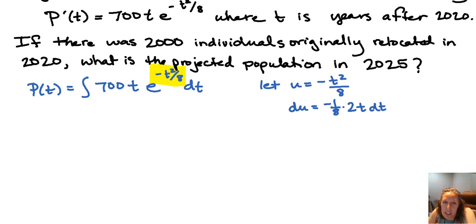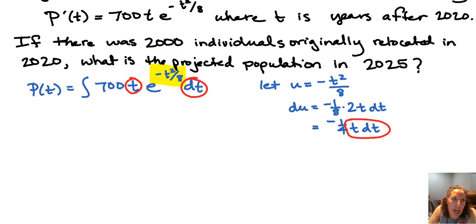And so if we clean that up, that's going to be a negative 1/4 t dt. And if we solve that, we've got a t and we've got a dt. So if we solve that for our quantity t dt, we're going to multiply both sides by negative 4, and we'll get negative 4 du equals t dt.